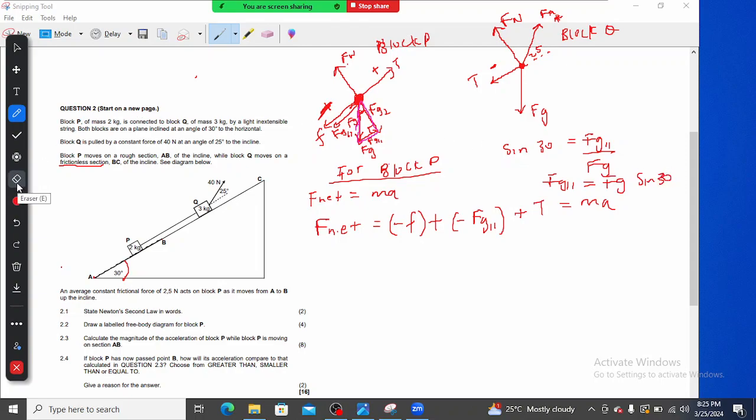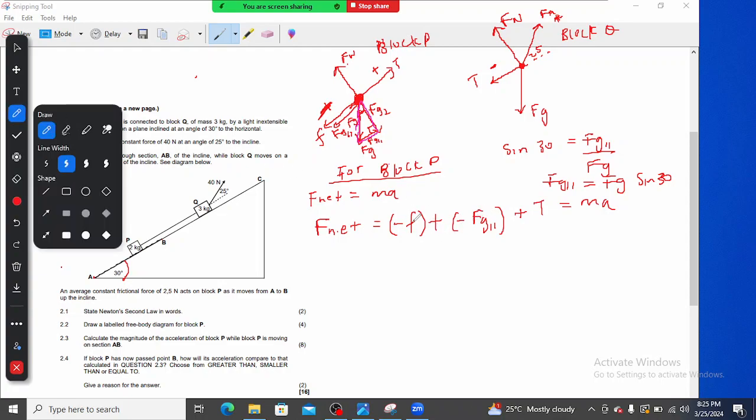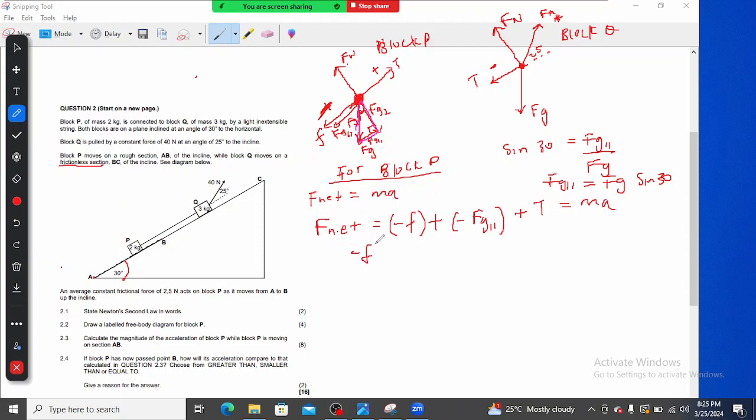So I can rewrite that here: minus friction, minus Fg sine theta, plus T, equal to the mass of block P, which is 2, so 2a, right?